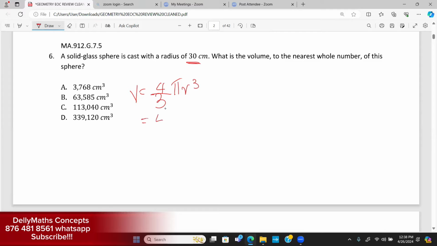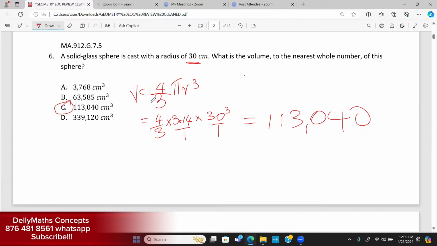So all we're going to do is work this out. 4/3 times pi, I'm going to use 3.14, times r cubed, which is 30 cubed. All I have to do is put this on my calculator. So let's go. All right, so when I do that, I'm getting 113,040, and it is right here. So the answer is C for number 6.